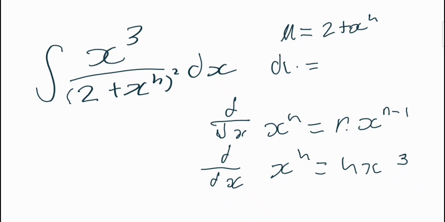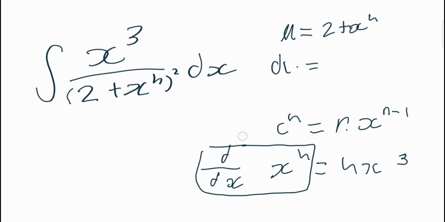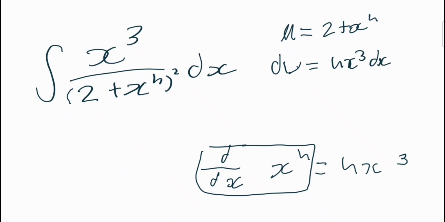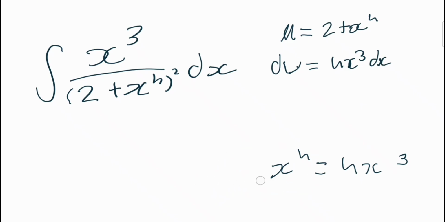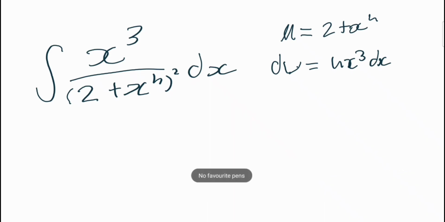Great. So now we know the derivative of u. So let's write that in. Just gonna clean this up real quick. So the derivative of u is going to be 4x cubed dx. Great. So now we want to isolate dx so we can put it into our equation.